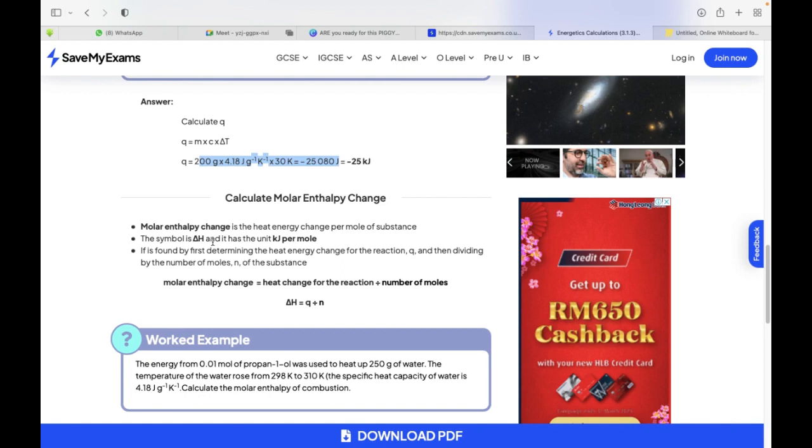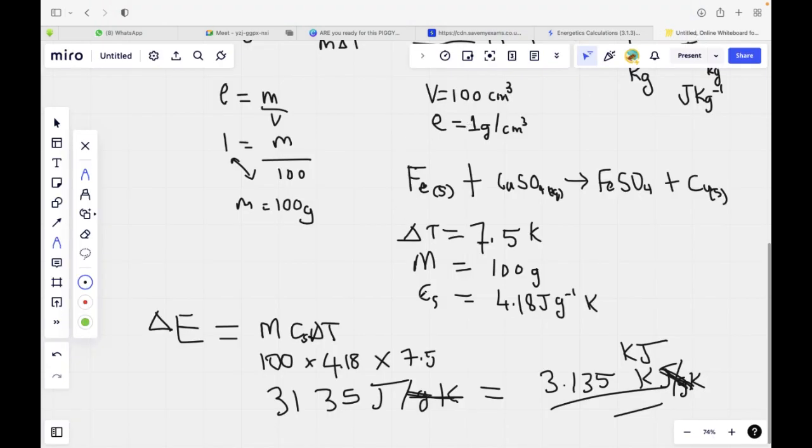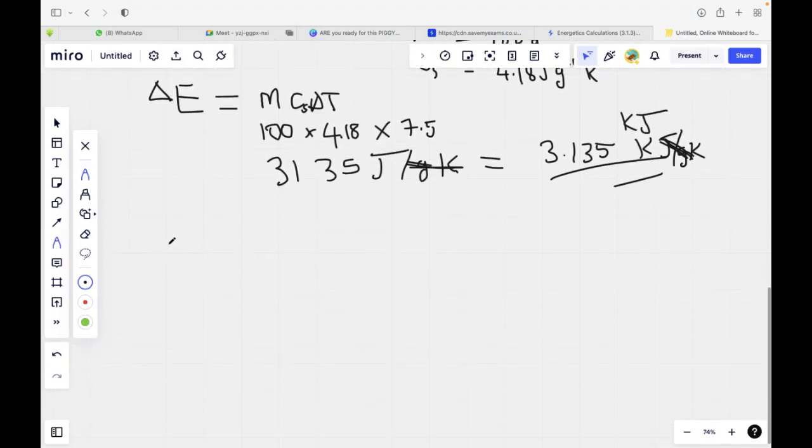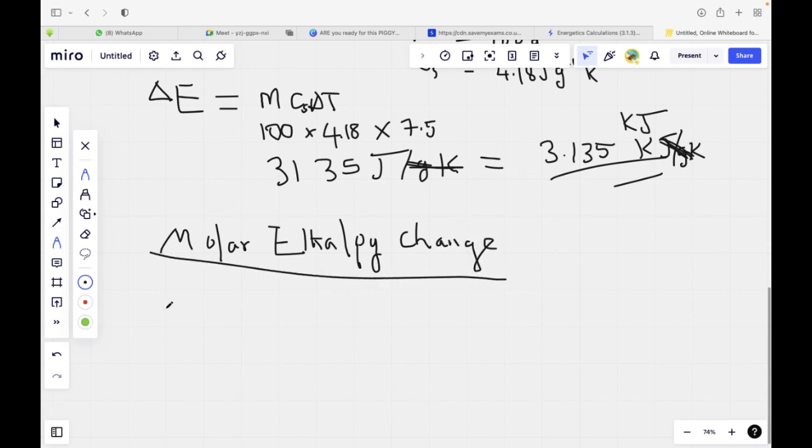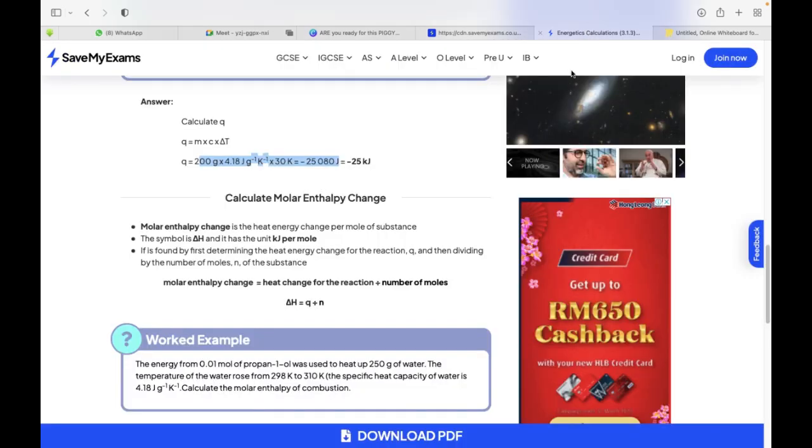The symbol for molar enthalpy change is delta H.